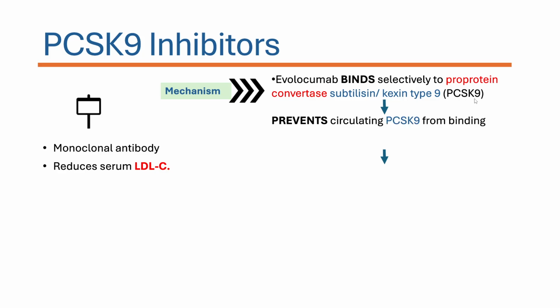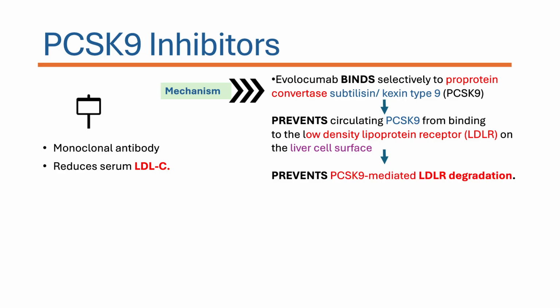Thereby it prevents PCSK9 from binding to the low density lipoprotein receptors which are present on the liver cells. So thereby they prevent the PCSK9 mediated LDL receptor degradation, or breakdown of the LDL receptors will be prevented.